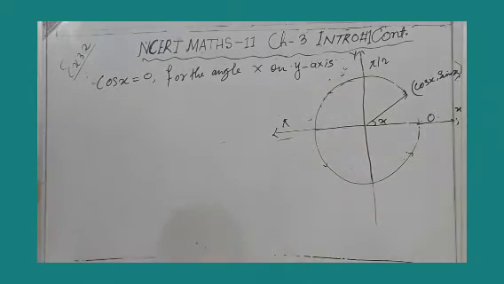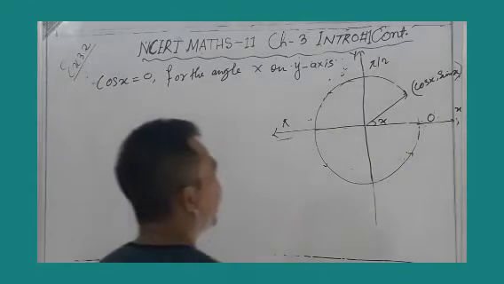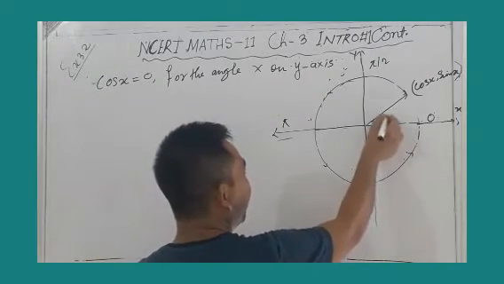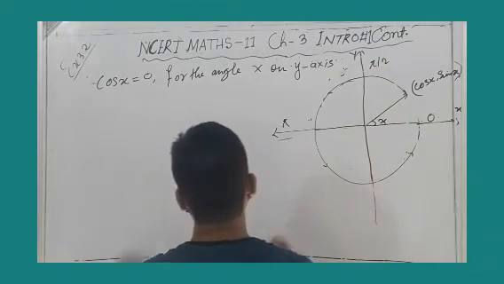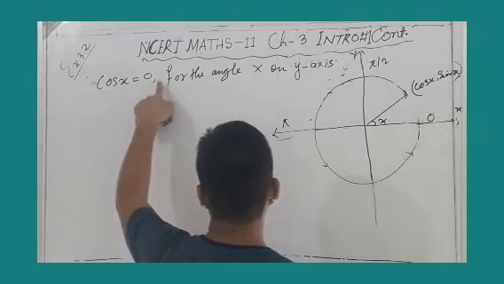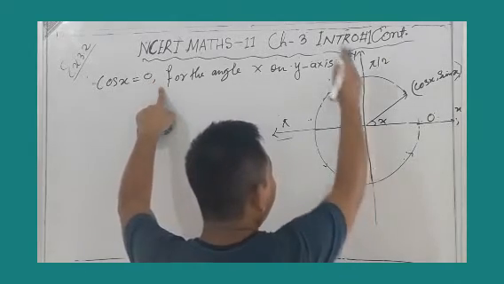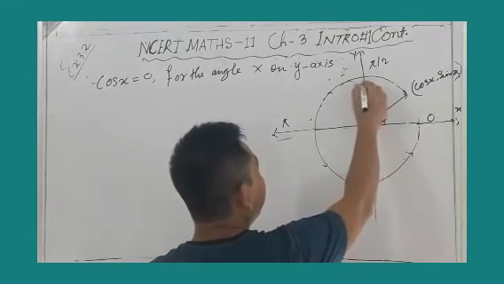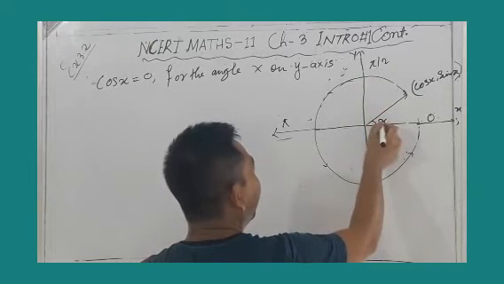Let us forget the rest. We are considering only this one, and cos x equal to 0 where it is on the y axis. Correct?